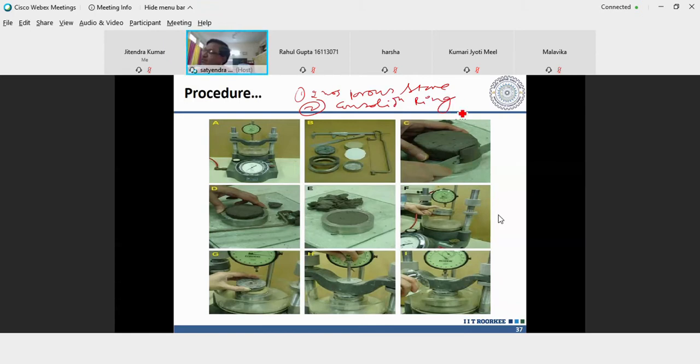Then we need a consolidation cell. Then of course we need dial gauges. Then the loading frame, I have already shown you. Then we need a set of weights.